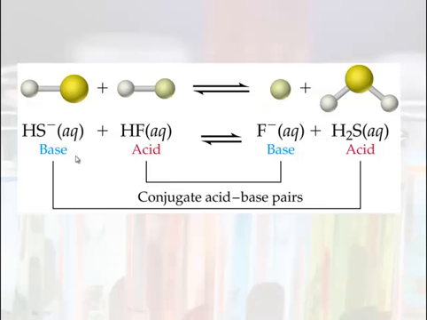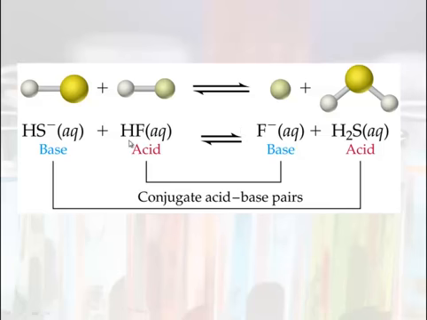Here's another example. Hydrogen sulfide is acting as the base, and hydrogen fluoride is the acid. Hydrogen fluoride will give up or donate this hydrogen to hydrogen sulfide here. So the conjugate base of this acid will just be the fluoride ion, F negative.